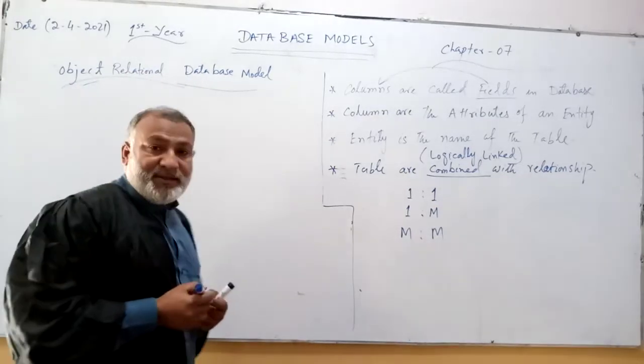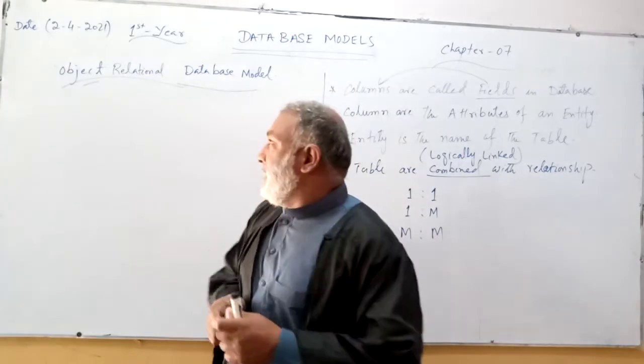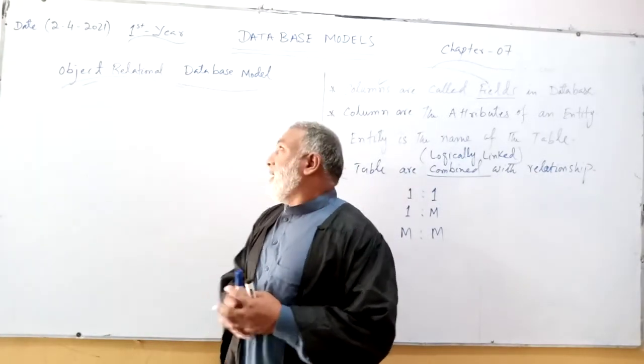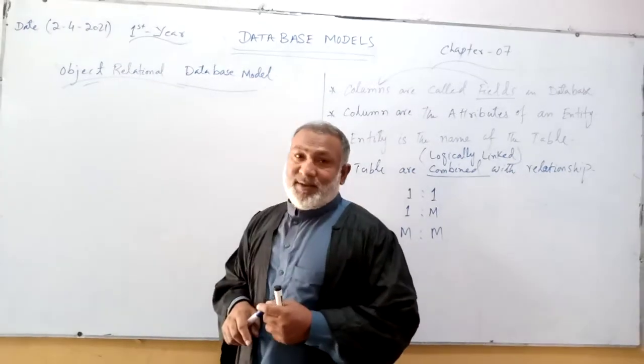As we have discussed earlier, an object is used in object-oriented programming to access data from the class, and relation means table.